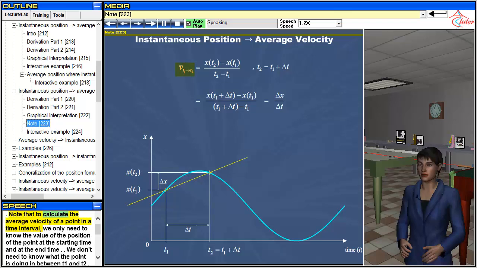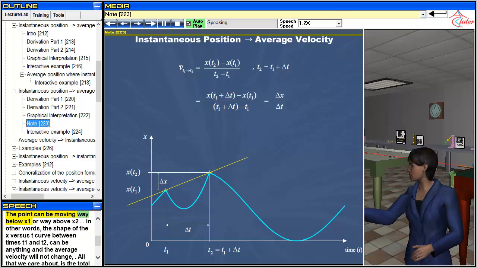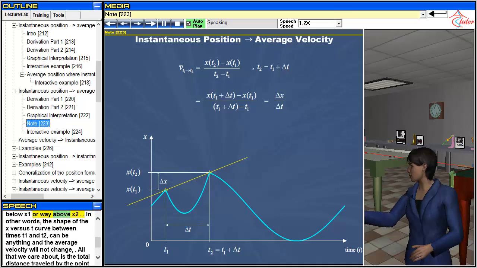Note that to calculate the average velocity of a point in a time interval, we only need to know the value of the position of the point at the starting time and at the end time. We don't need to know what the point is doing in between t1 and t2. The point can be moving way below x1 or way above x2.